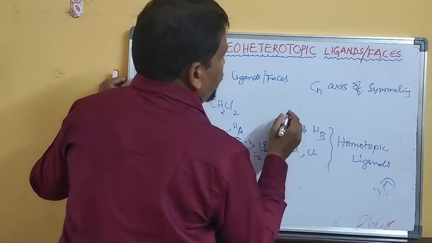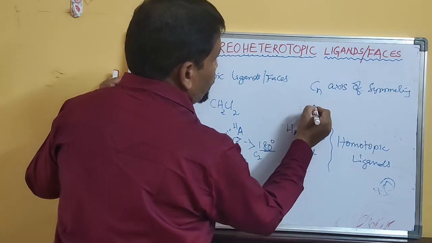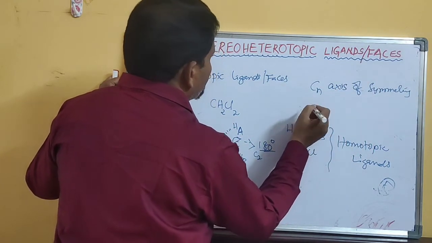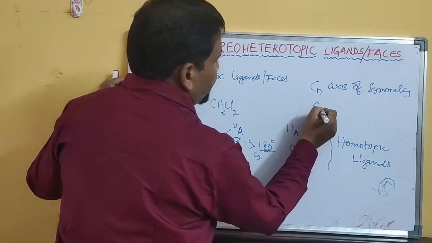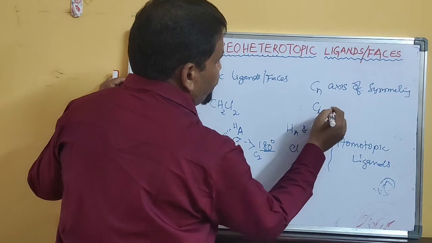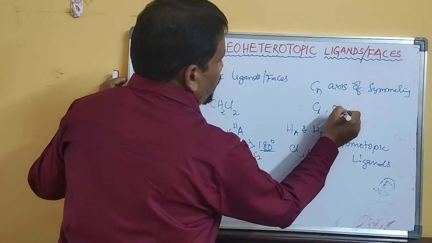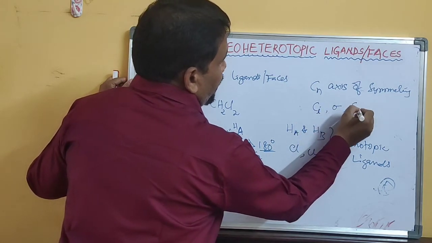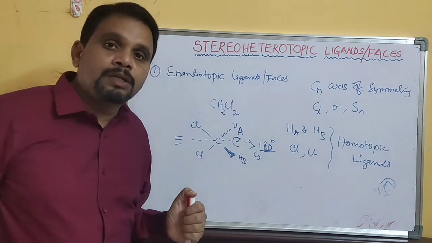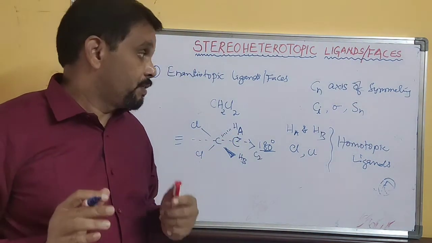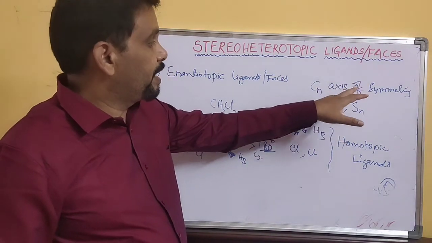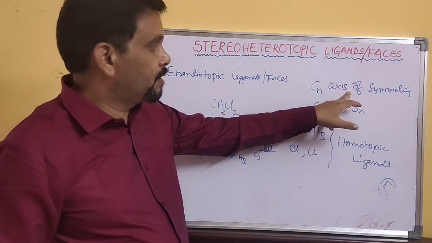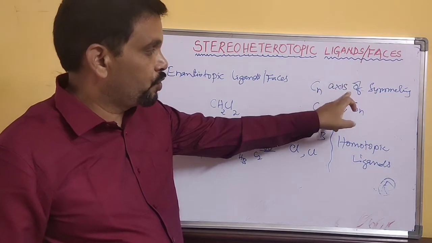plays an important role. In heterotopic ligands, so what are those? Ci, center of inversion or center of symmetry; sigma, that means plane of symmetry; and Sn, that means alternating axis of symmetry. So if the exchange is with the help of a Cn axis of symmetry, then homotopic.